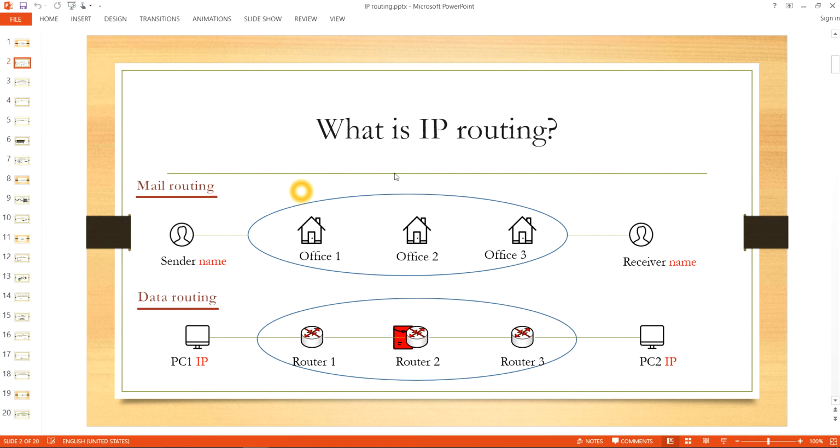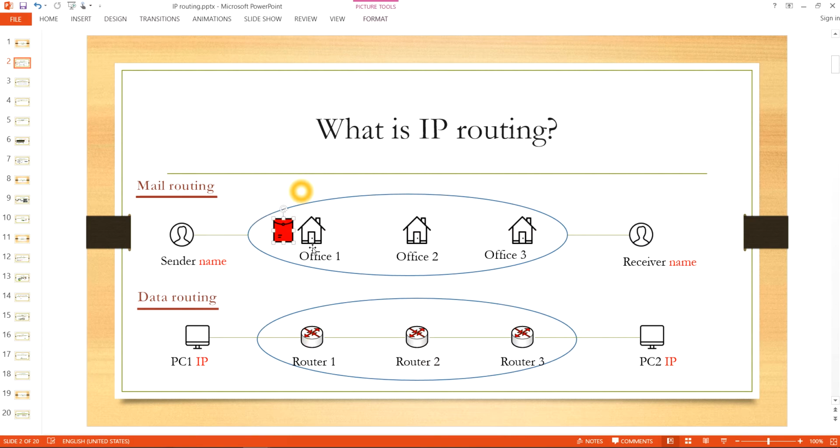To send a mail from the sender to the receiver, we need some kind of mail carrier. So we assume that along the way between these two people, the sender and the receiver, we have three post offices or mail offices. As the sender wants to send the mail to the receiver on the other side, he can only send his envelope or his data to his local office, office 1.